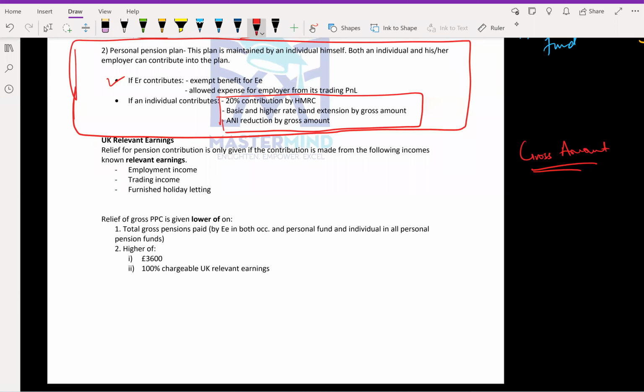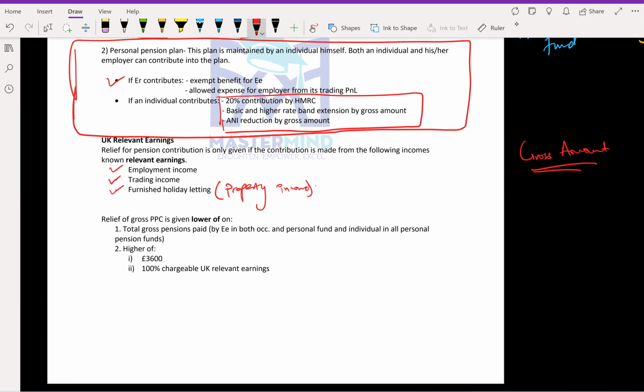What are those UK relevant earnings? You either make contributions out of your employment income or your trading income, which is called self-employed income, or FHL, furnished holiday letting. Remember, furnished holiday letting is a type of property income. Those who've watched the lecture on property income would know that.